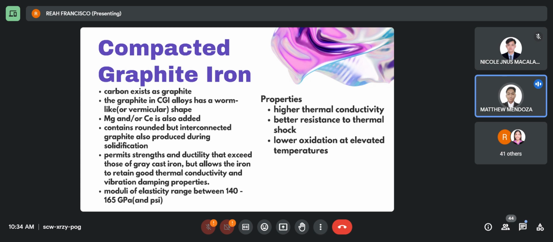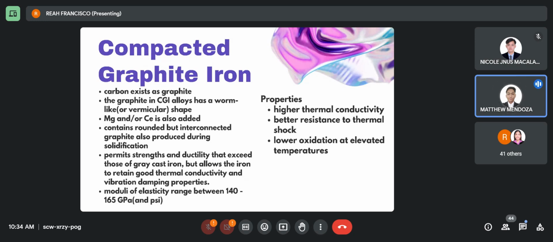And then because of the increase in the degree of nodularity of the graphite particles, there is an enhancement of both strength and ductility that exceeds those of gray cast iron, but allows the iron to retain good thermal conductivity and vibration damping properties. In addition, the ductilities of CGIs are intermediate between values of gray and ductile irons.